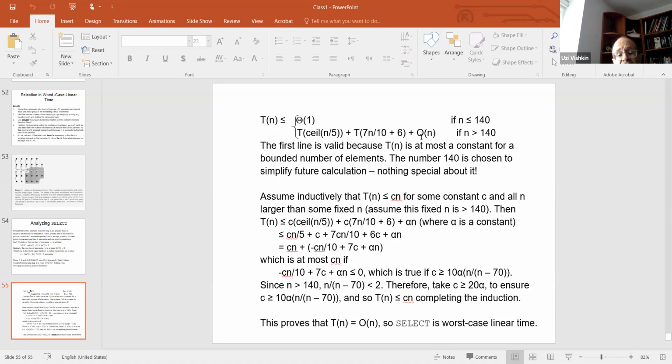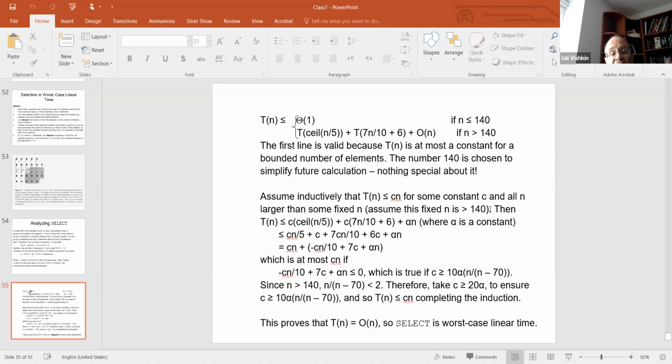We are going to use the same trick or the same methodology that you learned in calculus, where we are going to assume inductively for some constant c that T of n is going to be upper bounded by c times n for all n which are larger than some n sub 0, which we are going to assume here is 140.